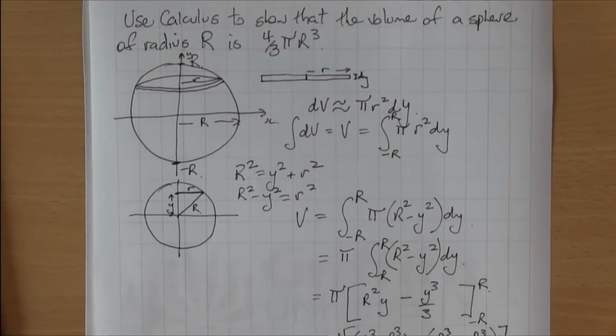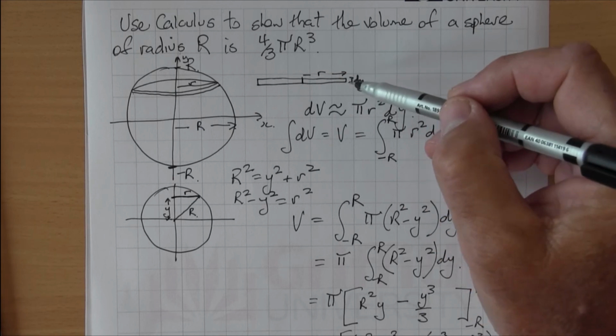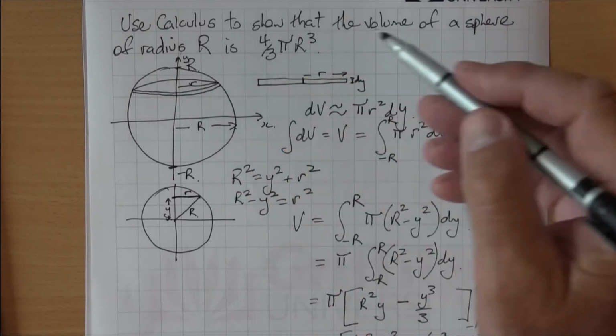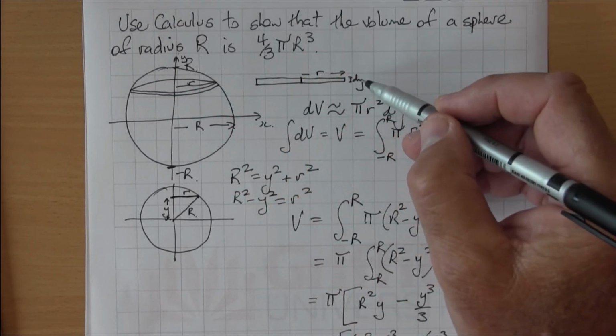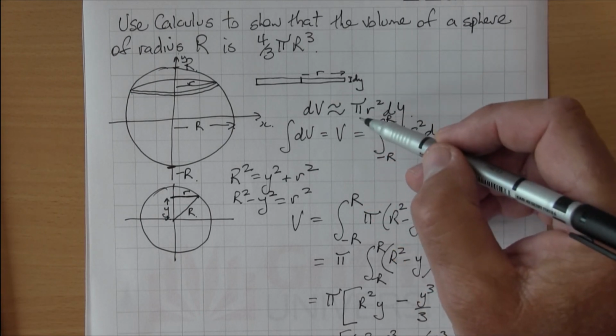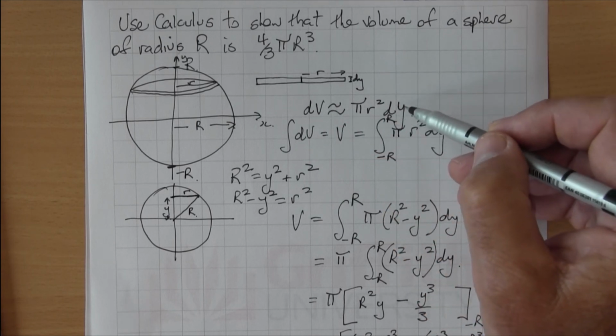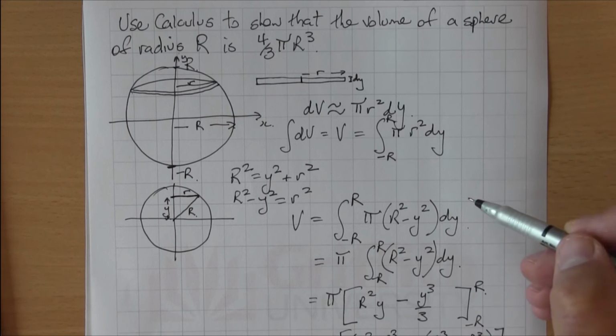So the concept is that integration is used for adding up slivers. If you like, these very thin circles, if you make these slivers very thin, will look like cylinders. And the volume of each of those cylinders is pi r squared dy, if dy is the height.